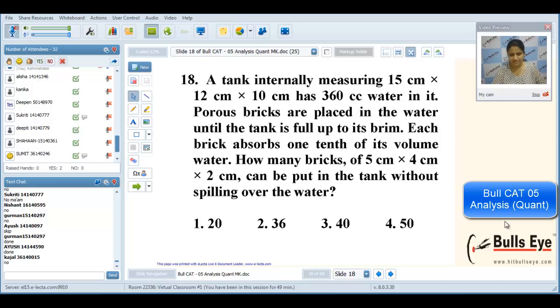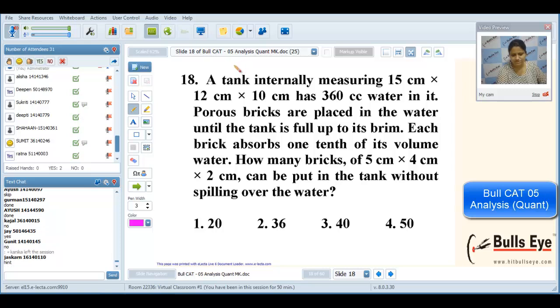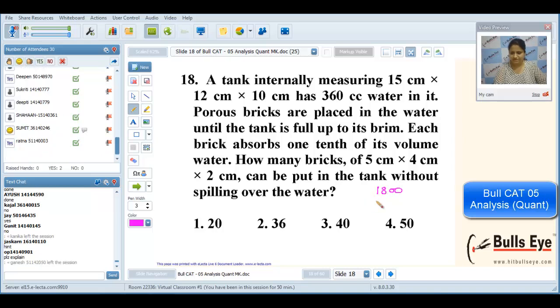Okay. Any problem in this question? Again, this is your pipe and cistern, or we can say volume based question. Just see what is the volume of the tank. This is 15 by 12 by 10. This is 1800. That is the tank's capacity. 360 cubic centimeter water is in it.